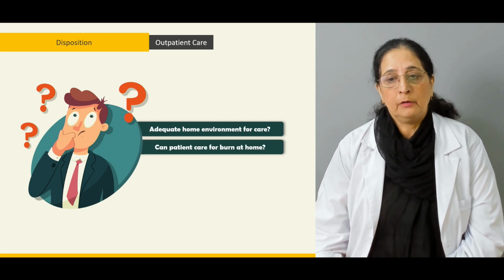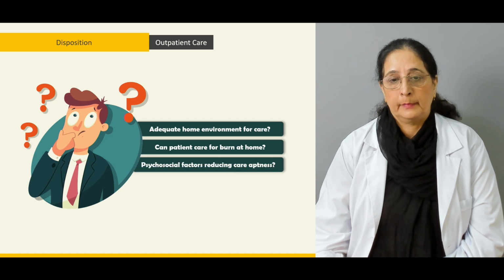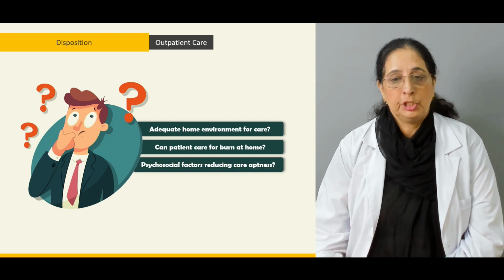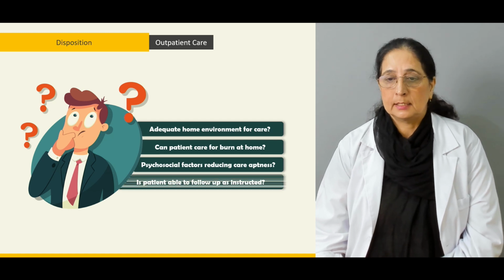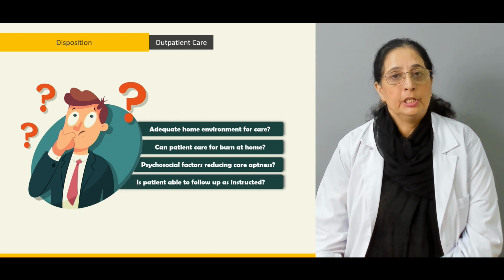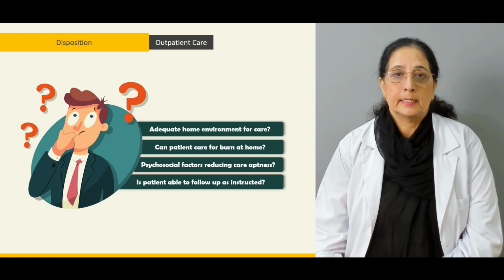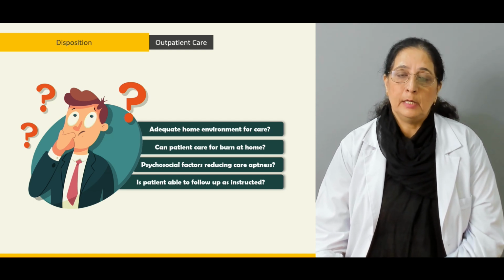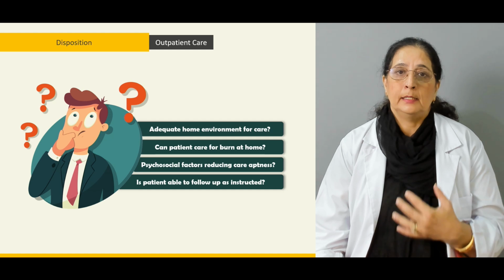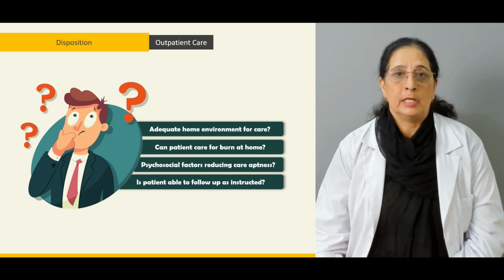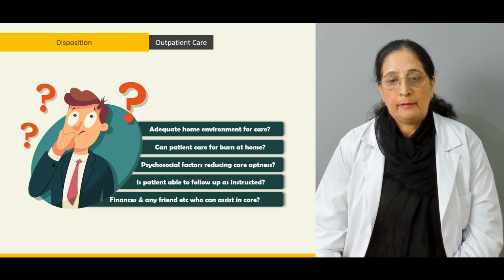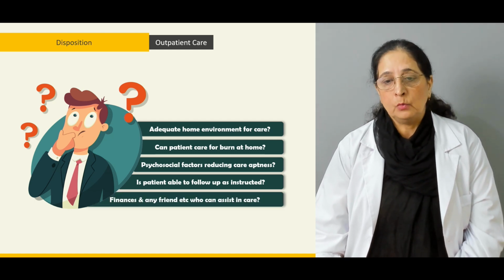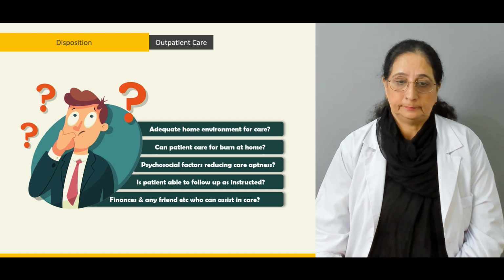Can the patient care for the burn at home? Psychosocial factors reducing care optimization. Is the patient able to follow up as instructed? So these are very important steps in the disposition of the patient as far as outpatient care is involved. Finances, any friend who can assist in care.